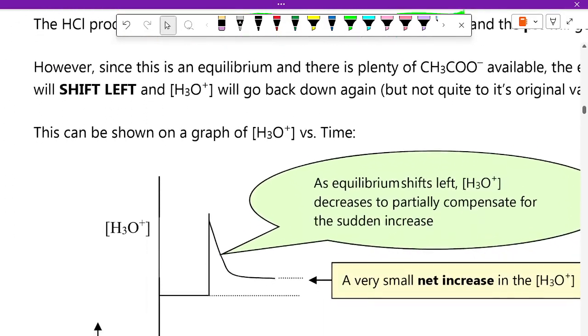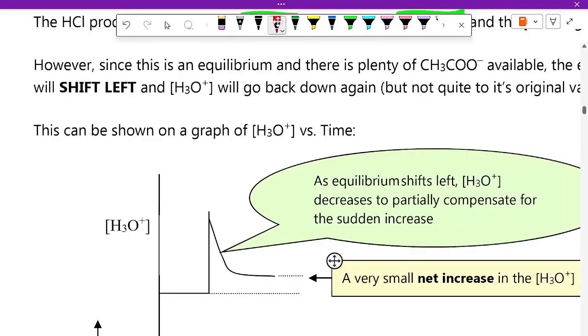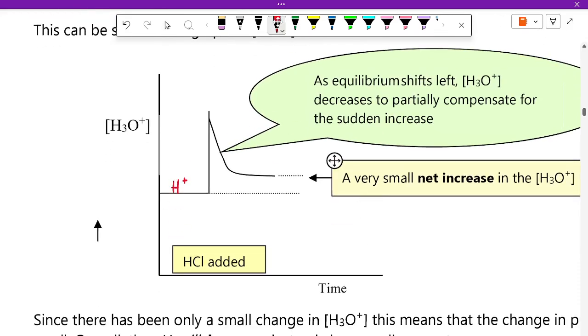So on our graph, this is our concentration of H3O plus. And right here, at time t, we added some HCl. So that was our stress.